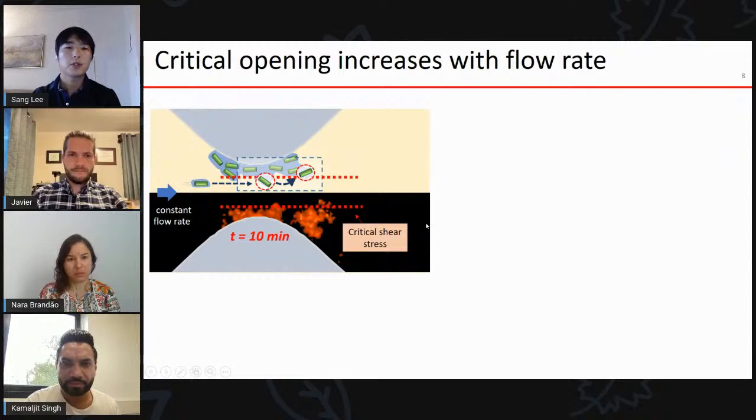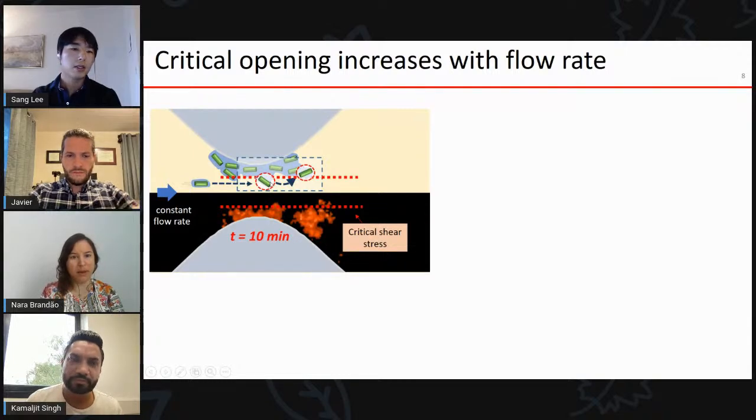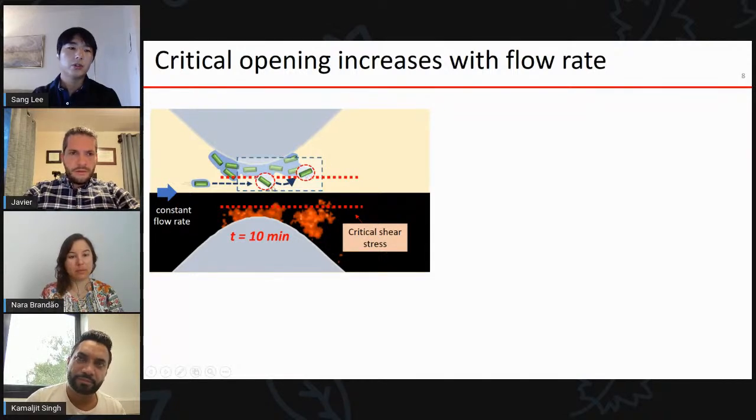So from the previous slide, I suggested that there exists a critical boundary at which critical shear stress happens. And above this critical boundary, when cells attach, they are exposed to critical shear stress, which mobilizes the cells, pushes them downstream, where the shear stress drops back below the critical shear stress value where they are accumulated.